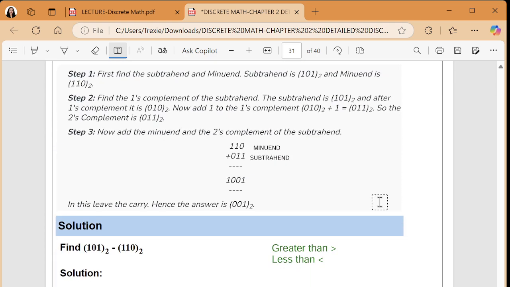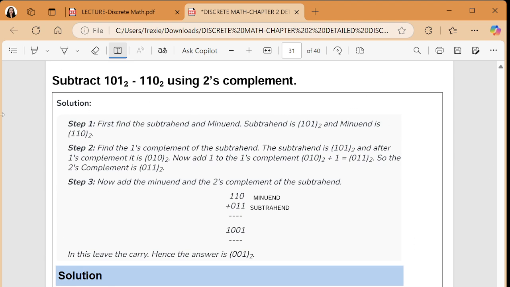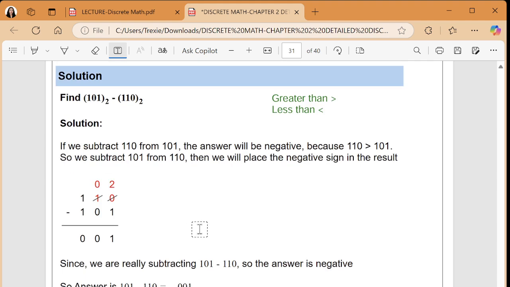If you don't understand this part, I have here the detailed solution, so let's discuss it thoroughly. If we subtract 110 from 101, the answer will be negative because 110 is greater than 101. 110 is much bigger than 101.